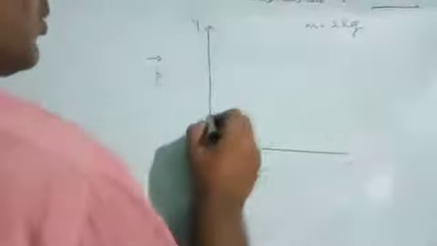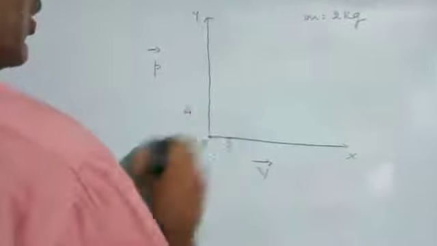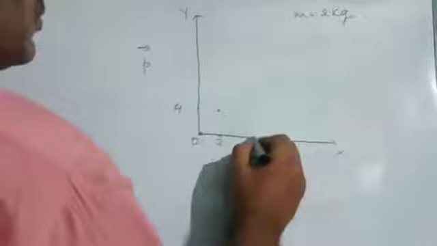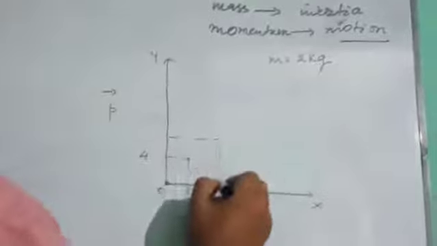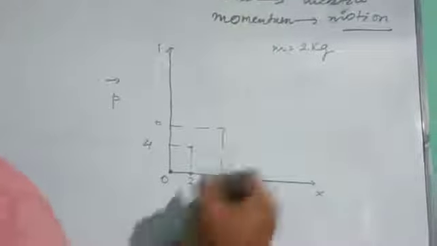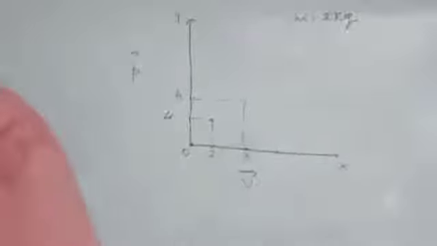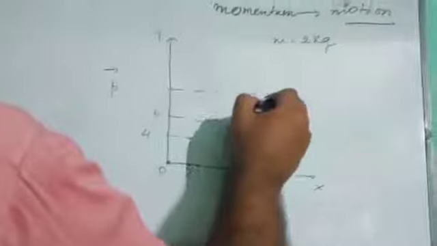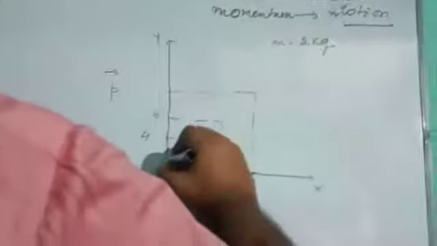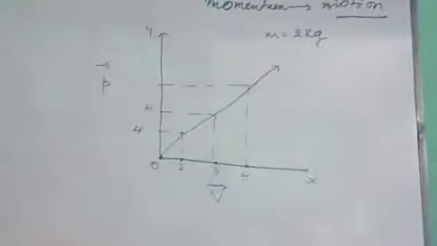Then 2 twos are 4. Momentum will be 4 kg meter per second. After some time, its velocity is 3 meter per second. Its momentum is 3 twos are 6 kg meter per second. After some time, its velocity is 4 meter per second. Then its momentum is 4 twos are 8 kg meter per second, and you get a straight line.